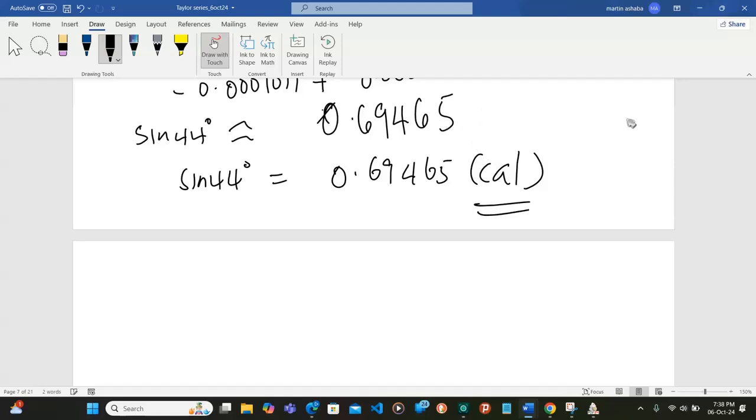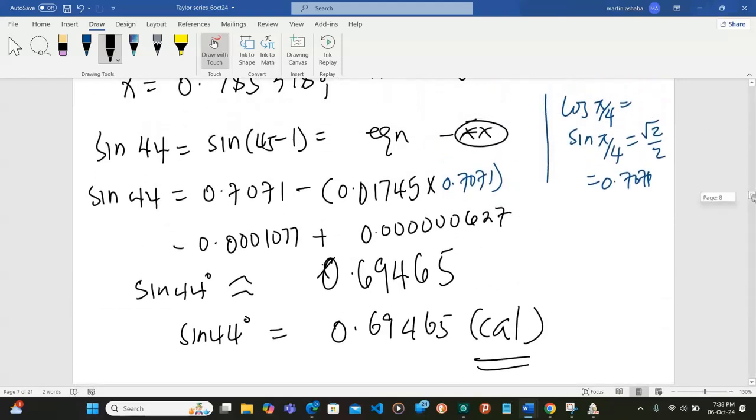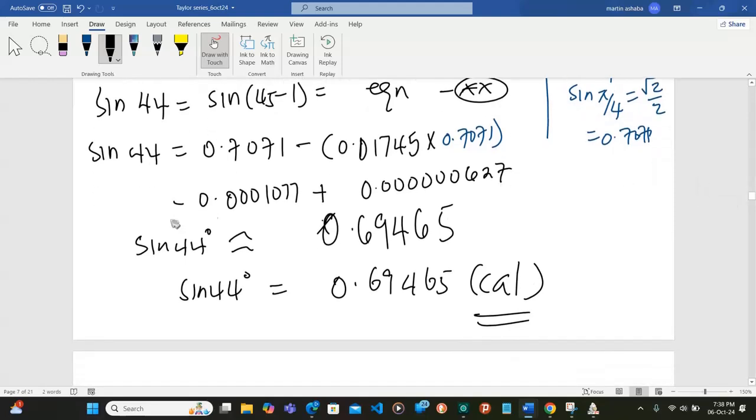So you can see the Maclaurin's theorem, which is actually Taylor's series, is giving us the decomposition of sine 44, which is giving us a value that is close to the exact value that we get when we evaluate it using our calculator.